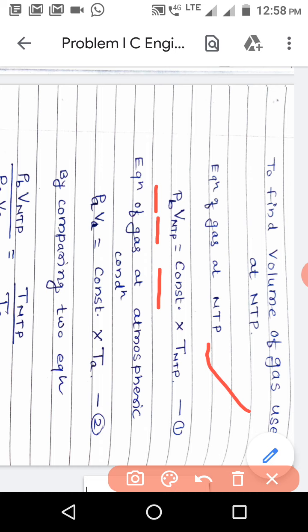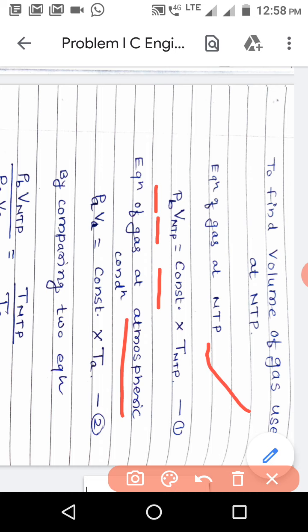Now we apply the same gas equation for the real condition, that is for atmospheric condition. The equation of gas at atmospheric condition is given by PA into VA is equal to constant into TA.